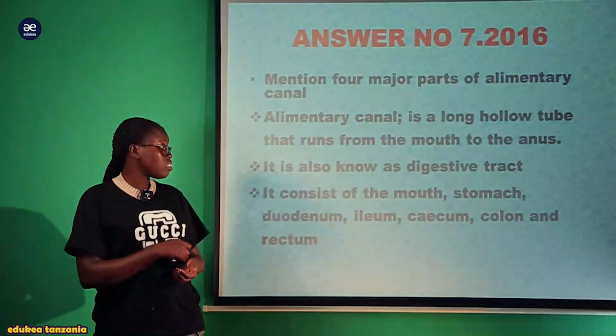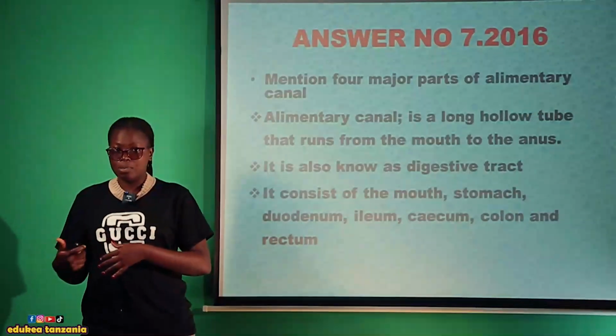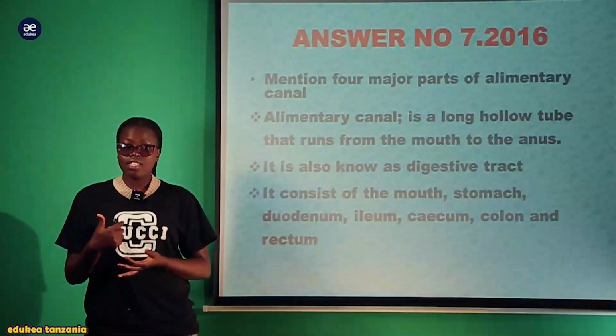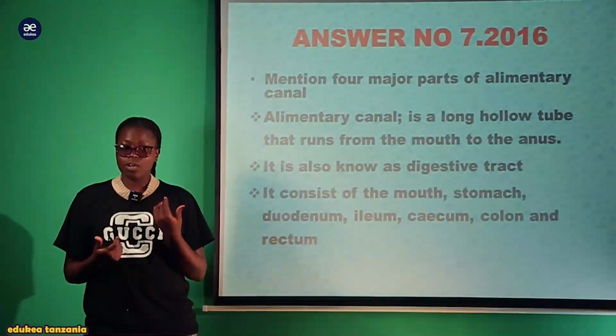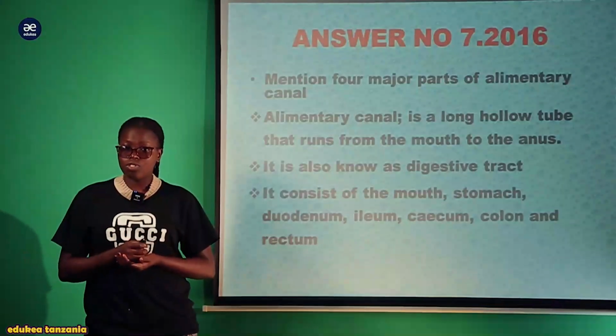Alimentary canal is a long hollow tube that runs from the mouth to the anus. Ni tube ambayo inaanzia kwenye mdomo mpaka kwenye anus. Kwa hiyo inaanzia kwenye mdomo where the ingestion takes place to the anus where the egestion takes place.